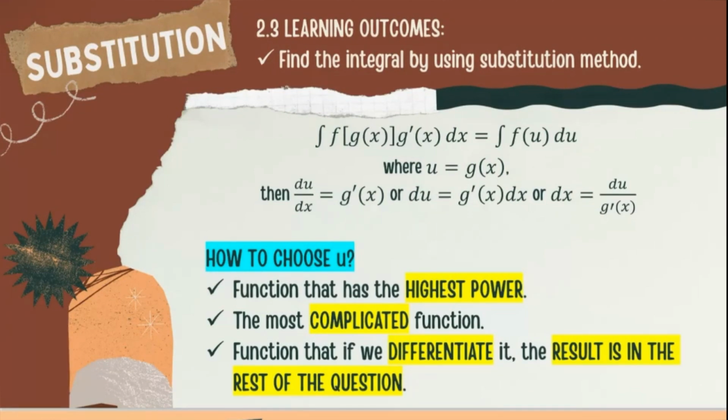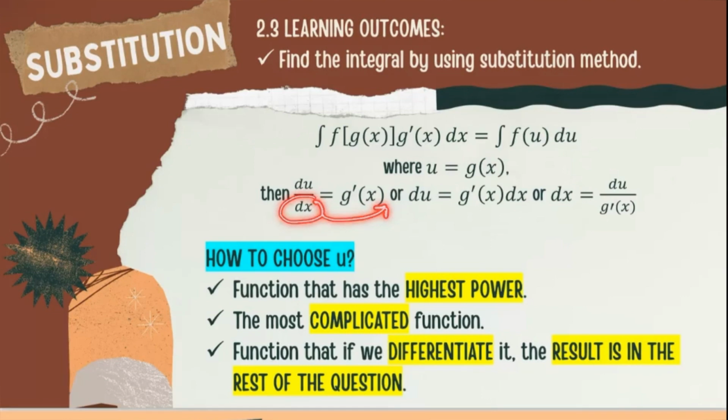So apa nak buat dengan u? So setiap kali kita gantikan dengan u ini akan differentiate. So kita akan cari du over dx, so akan dapat result dia kan. Dan kemudian kita akan write back in terms of du equals g prime dx. Okay, ini sebenarnya apa yang berlaku adalah saya hanya pindahkan dx ke bahagian kanan.